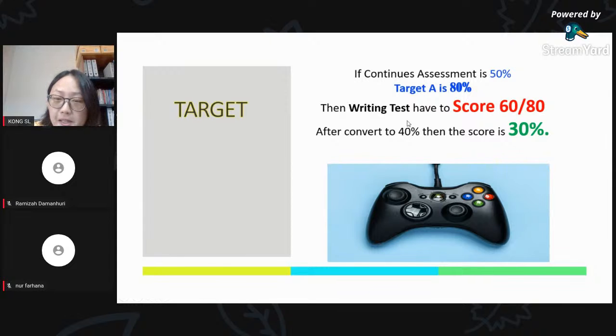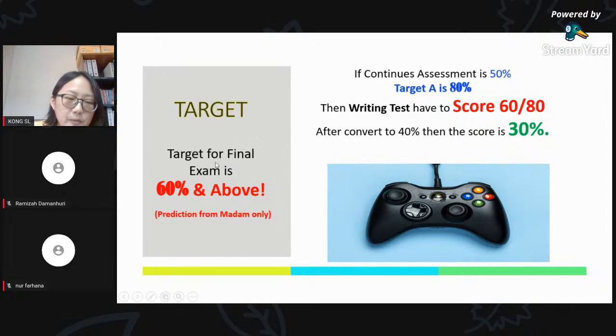I repeat, kalau you nak score A, seandainya continuous assessment anda 50 markah, jadi kena tambah 30 lagi. Kalau you nak 30 markah, maksudnya writing test anda perlu dapat 60 markah. So the target for the final exam is 60% and above.